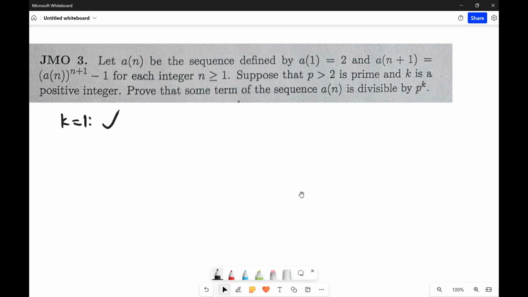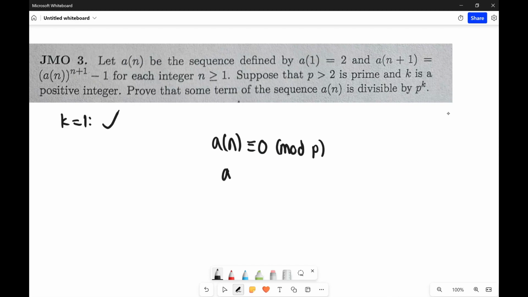Now let's try solving the problem for general k. Given this p^k here, we are motivated to build upwards, starting from p^k, then we can use that value of n to bring up to p^(k+1), and so on and so forth. So let's try this out. Suppose we start with a(n) is equivalent to 0 mod p.